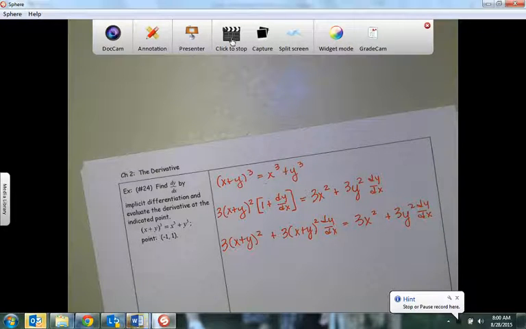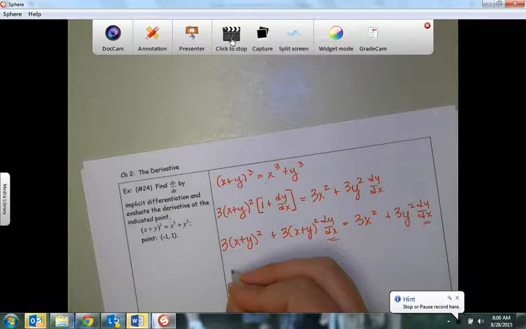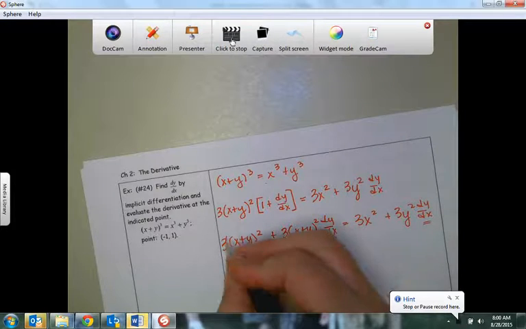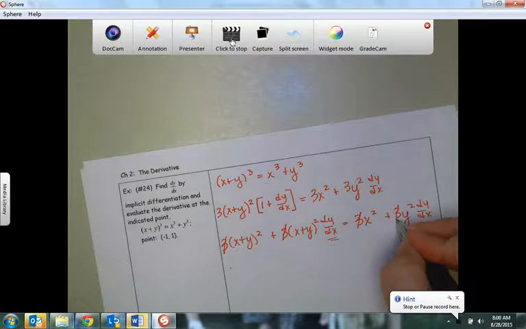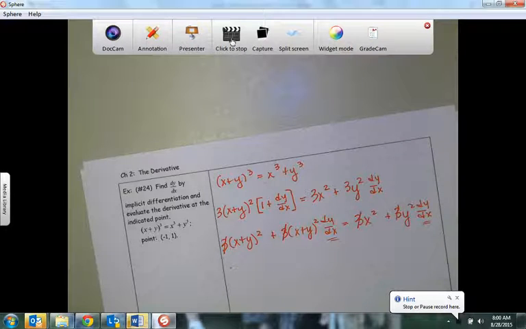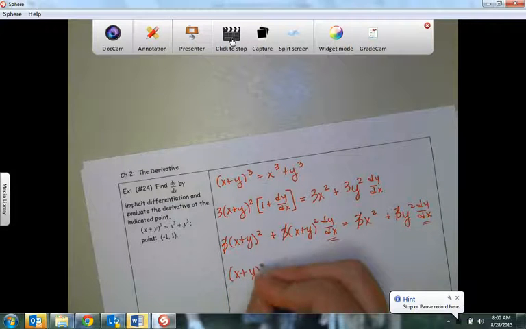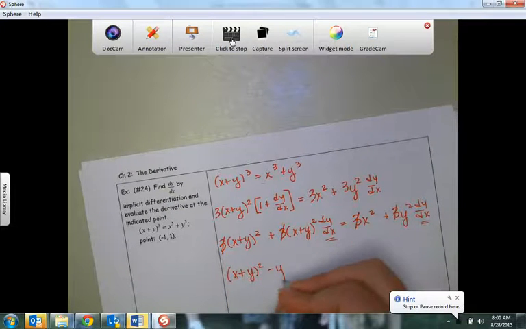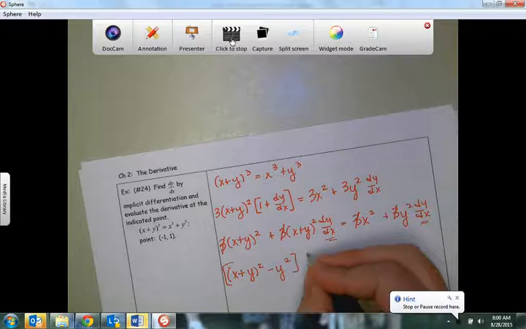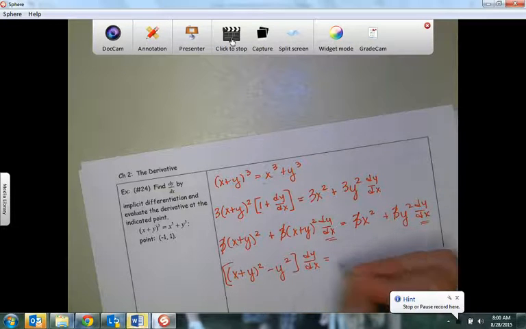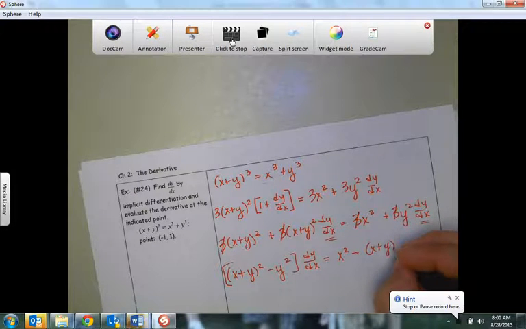Okay, so now I can get these dy dx's all on one side. And actually, look, I see I could factor out a 3 on both sides and divide, so I can get rid of those 3's. So I have my (x plus y) squared minus my y squared dy dx equals that x squared minus the (x plus y) squared.